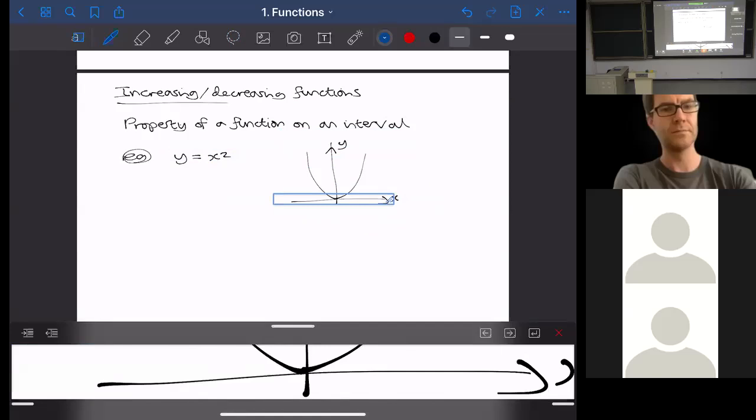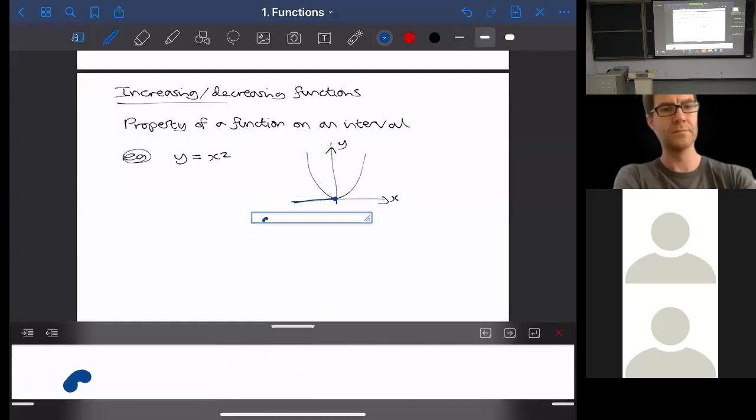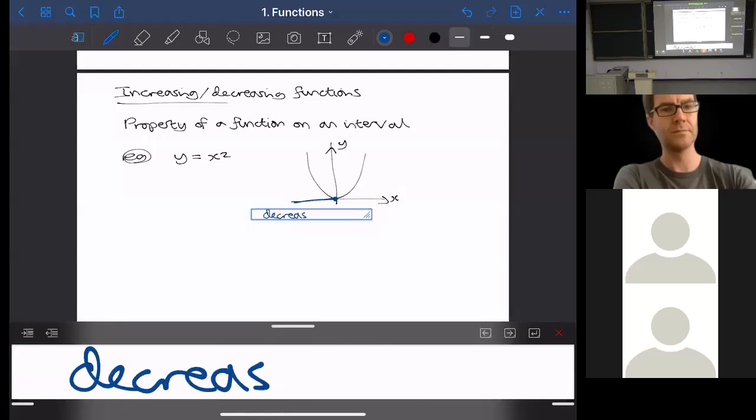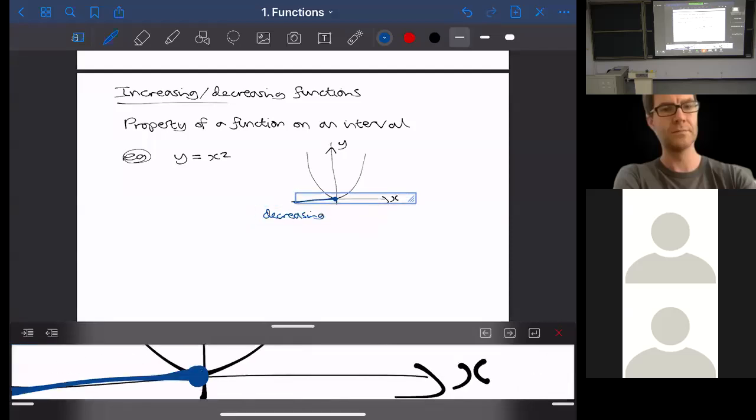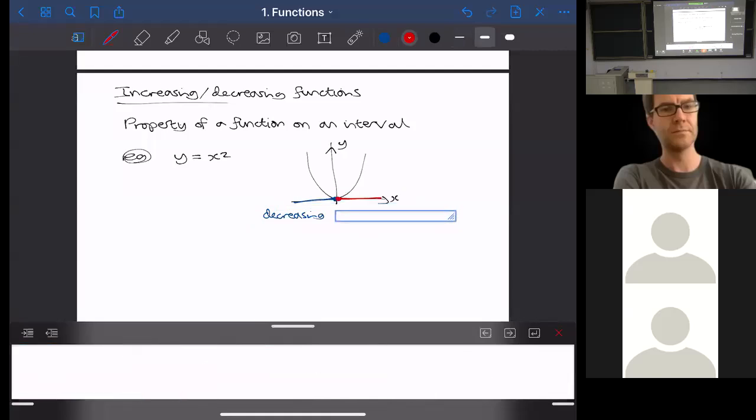Then here, the function is decreasing. And here, the function is increasing.